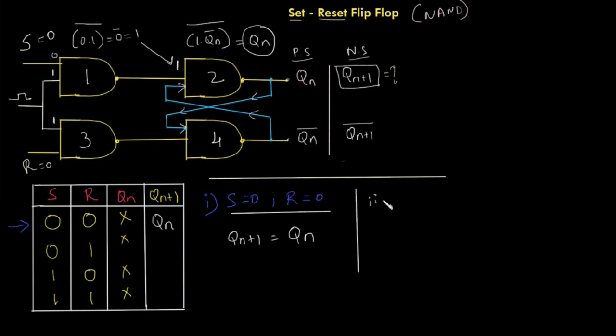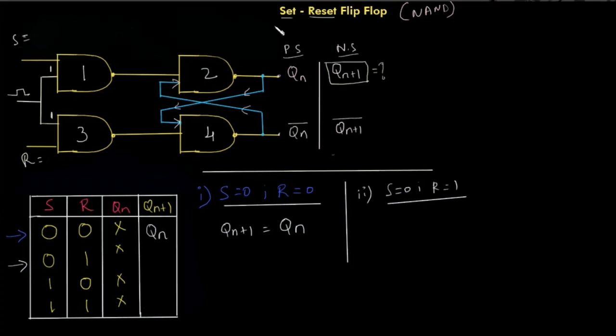This is nothing but S equal to 0 and R equal to 1. Where am I taking these values? I'm taking these values from this truth table. So we can apply the same here and find out what is happening in this SR flip-flop. In the truth table S is 0, and R is 1.